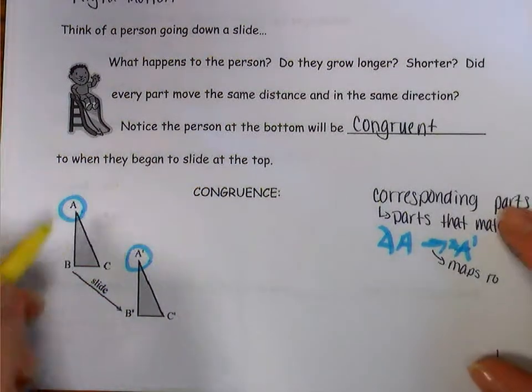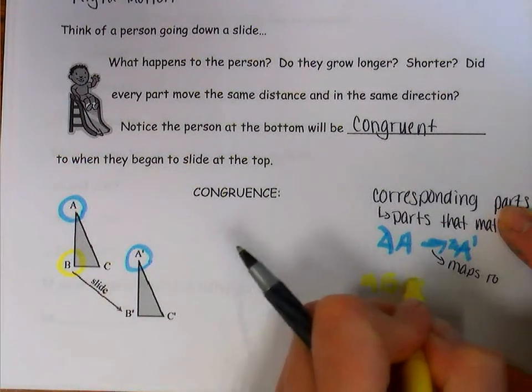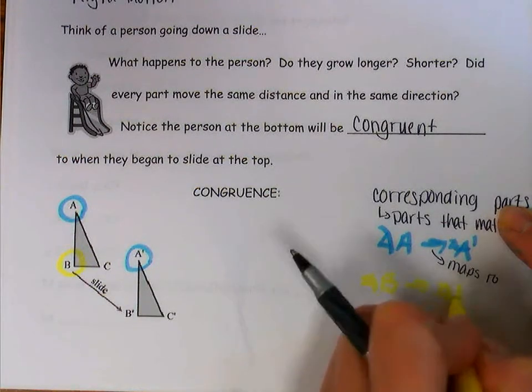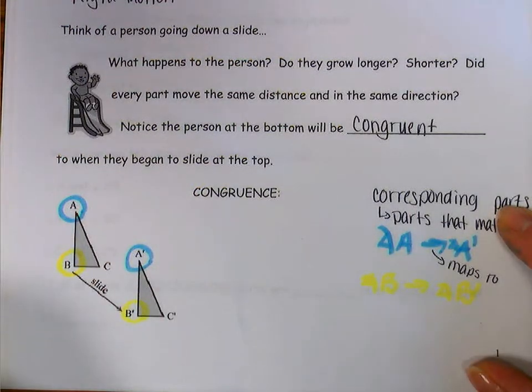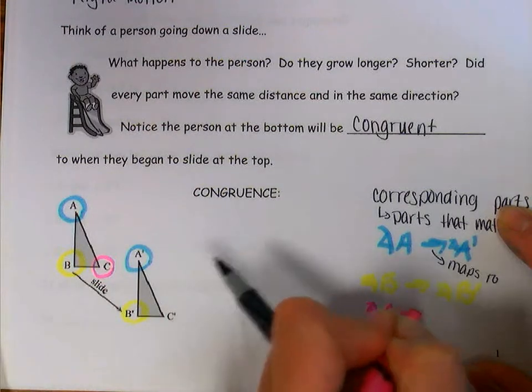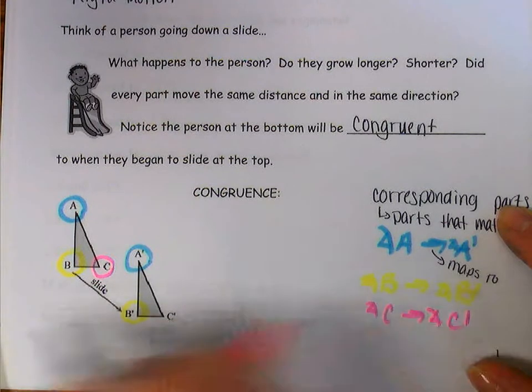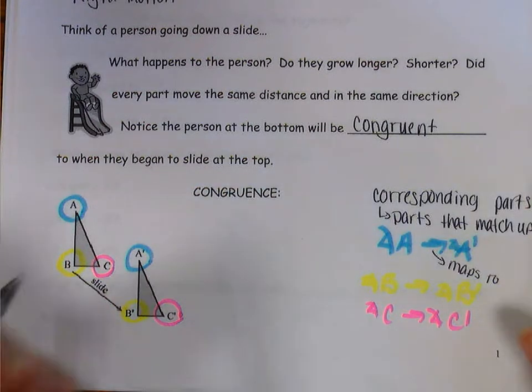So now let's take a look at angle B. We can see that angle B maps to, or matches up to, angle B prime. These are corresponding parts. And angle C matches up to, or maps to, angle C prime. So now let's talk a little bit about congruence, because corresponding parts should be congruent if the figure is going to be congruent.